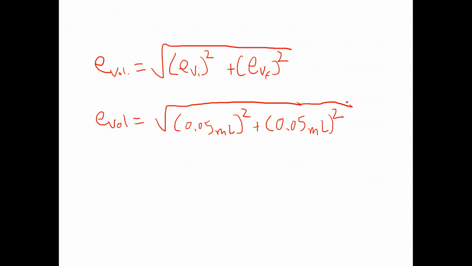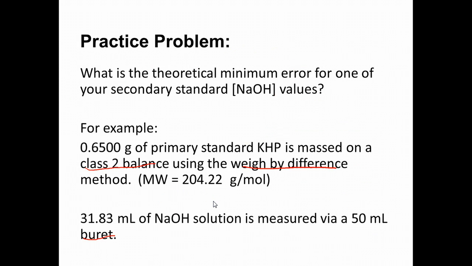You go through this calculation and solve for the error associated with your volume. That's going to be 0.07 milliliters. So now, if you want to find your actual volume, your volume is 31.83 milliliters. If you look back here, that's 31.83 milliliters down here.